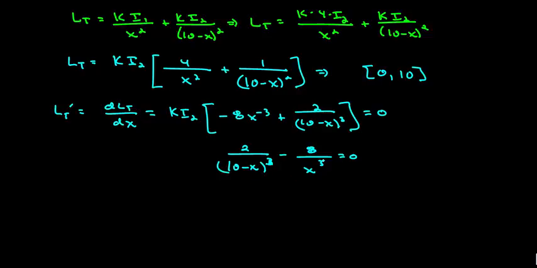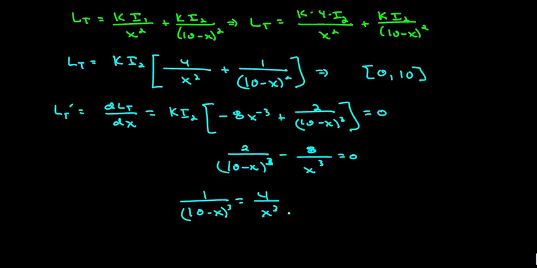And so that'll give me the following. That'll give me 1 over 10 minus x to the third power is equal to 4 over x to the third power.